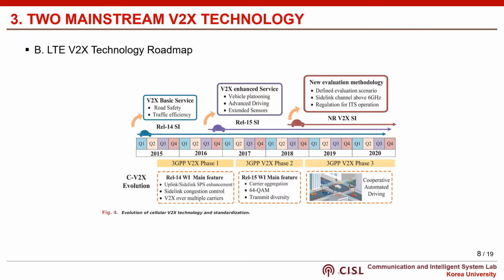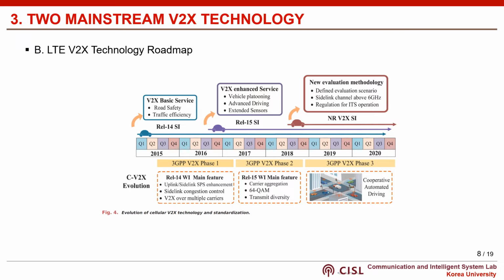So next is the CV2X roadmap. As shown in Figure 4, the CV2X standardization can be divided into three phases. At the first stage, Release 14, V2X provides data transfer service primarily for basic and low-level safety services such as CAM, BSM or DENM.